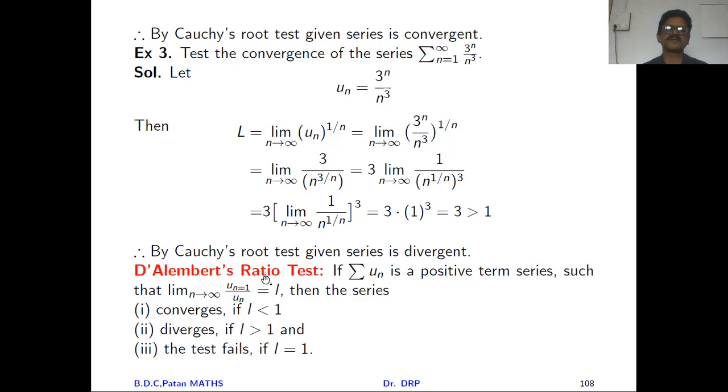We have already discussed this part in the last lecture. Now we'll proceed towards the examples based on D'Alembert's ratio test.